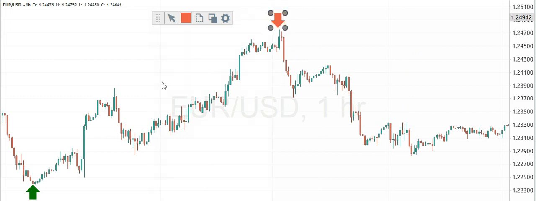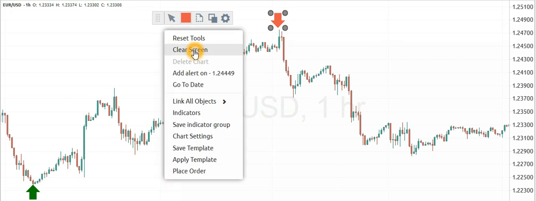So this will be the low point and this will be the highest point. Now, after identifying the lowest point on the chart and the highest point, we're going to draw our trend line.